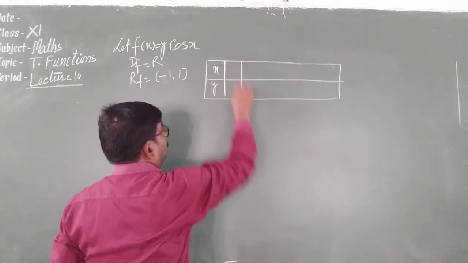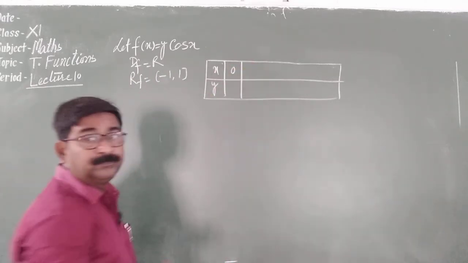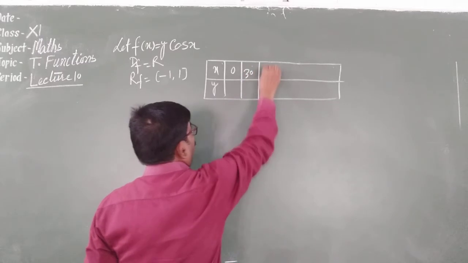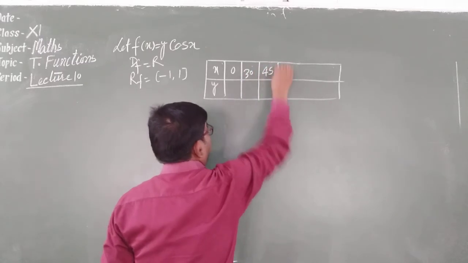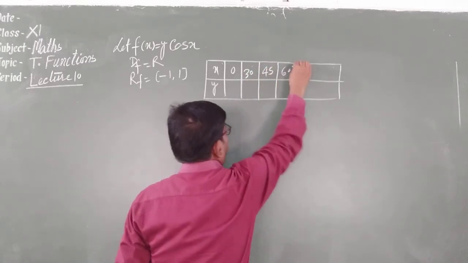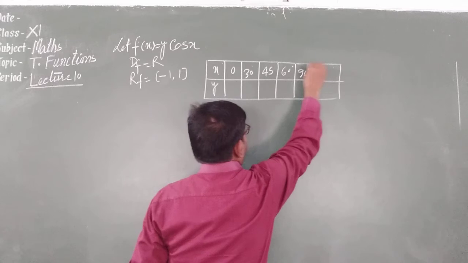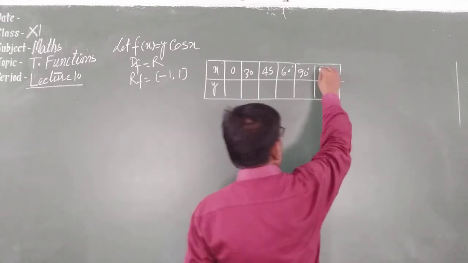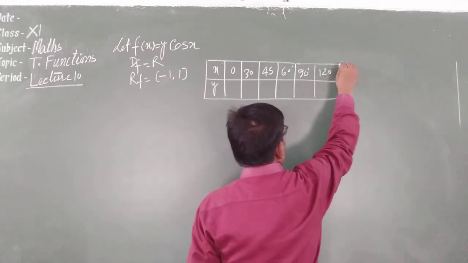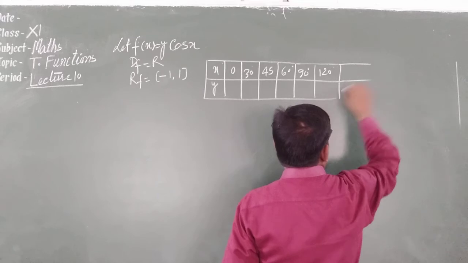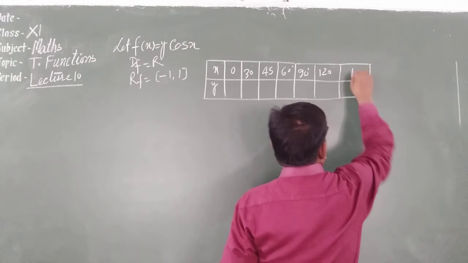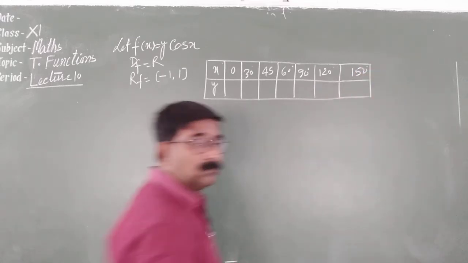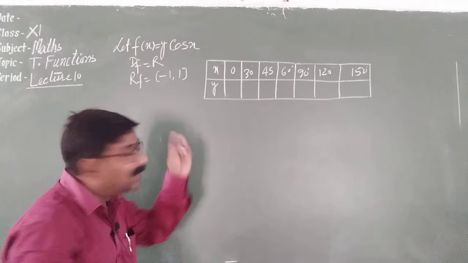If we find 0 degree, 30 degree, 45 degrees, 60 degrees, 90 degrees. Now after this, suppose 120 degrees, suppose 150 degrees, and so on. We can take negative also.